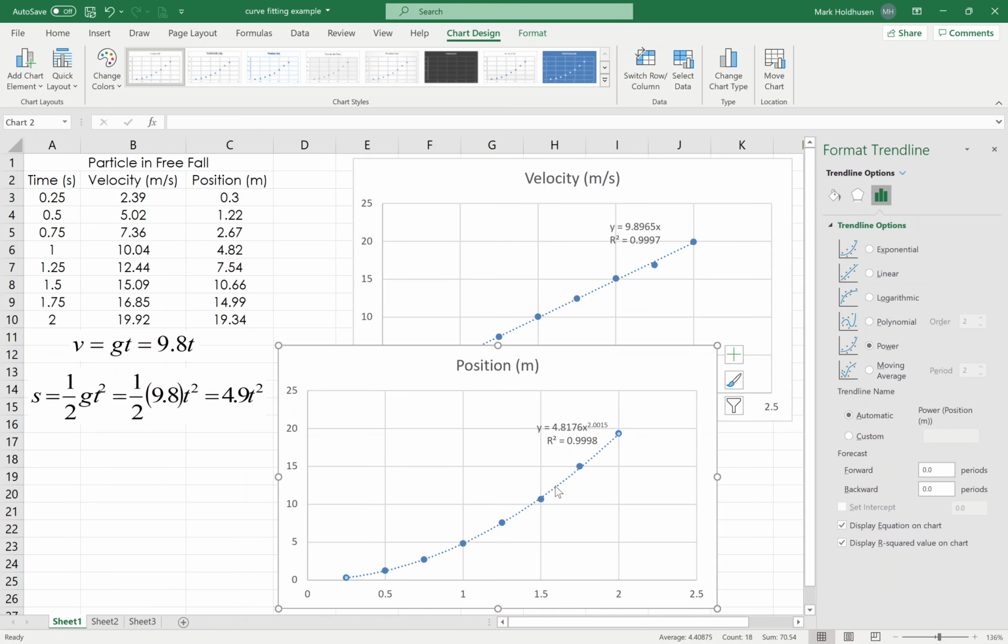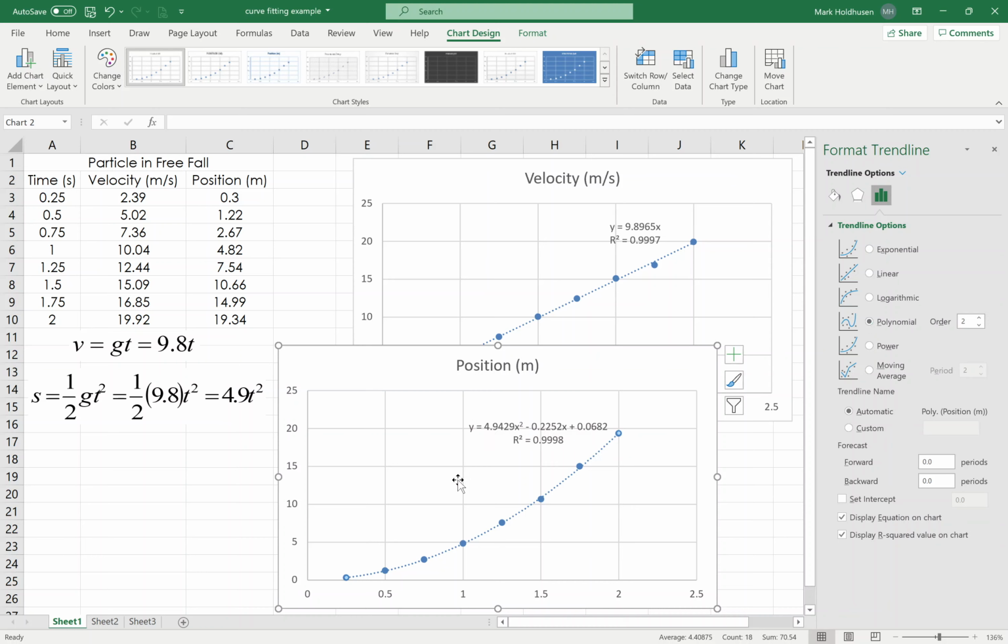Now, it might be better to think about it as a polynomial. However, then I get these extra curves going on here. I still get the 4.9x squared. Again, think about how the data should look. Maybe if I set the intercept to 0, it's a little bit off, but it's definitely following the trend that it should look like.